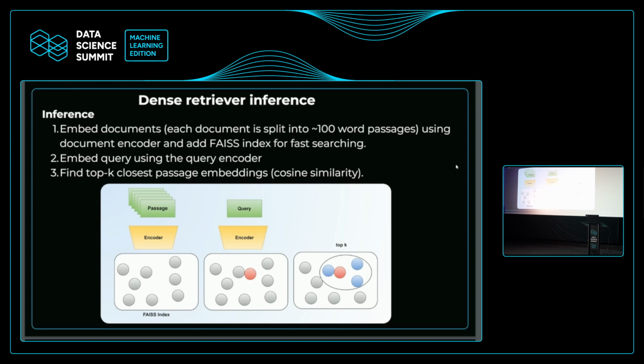We don't want to compute those vectors of our corpus, which is static. We don't want to compute them on the fly. We want to pre-compute them, and then when we have a query, when it's time to ask our model which passages are relevant to our question, we just encode this query and we look for closest vectors.